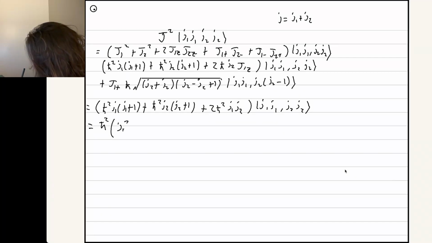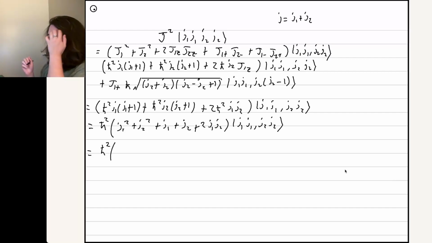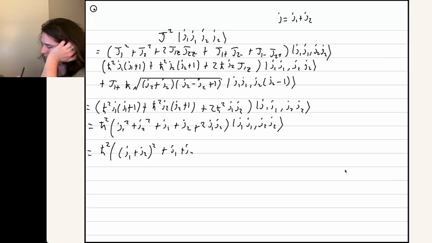So it's going to be J1 squared plus J2 squared plus J1 plus J2 plus 2 J1 J2, acting on J1, J1, J2, J2, which gives you, if we factor the square root terms, J1 plus J2 squared plus J1 plus J2, acting on J1, J1, J2, J2.